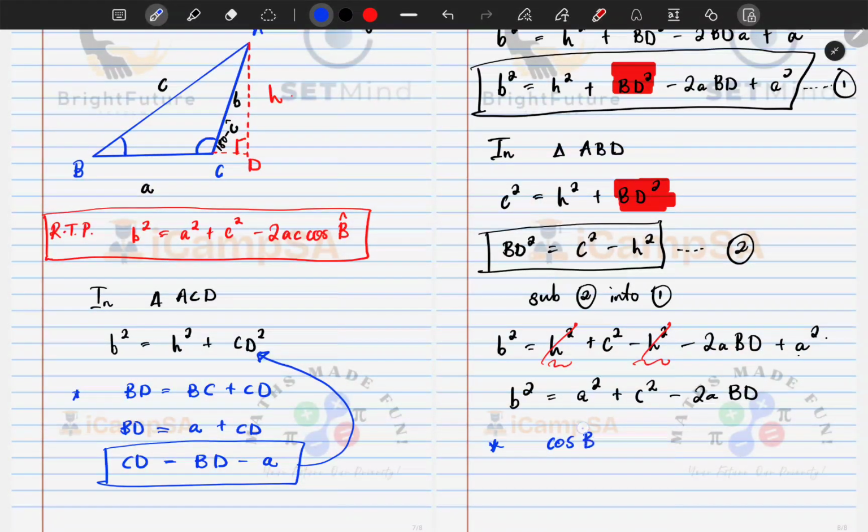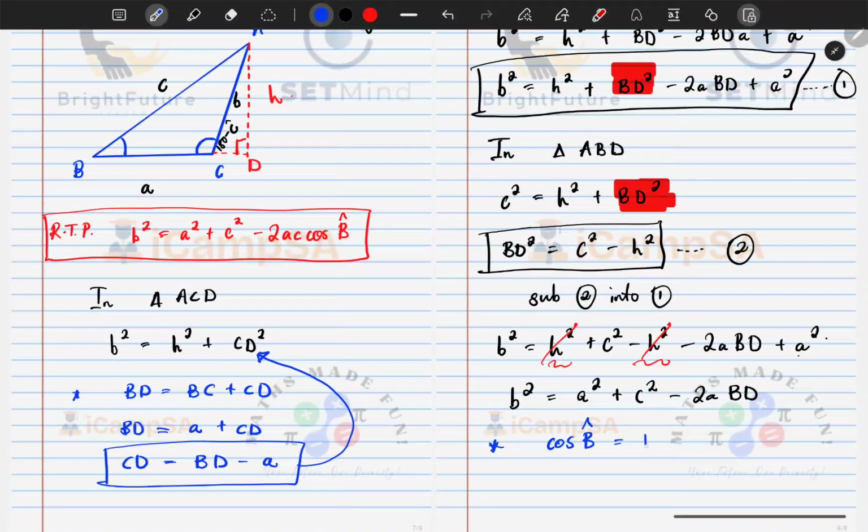So cos of angle b is equal to adjacent over hypotenuse. What is my adjacent side? My adjacent side is going to be bd, and what is going to be my hypotenuse side? It's going to be c, right?